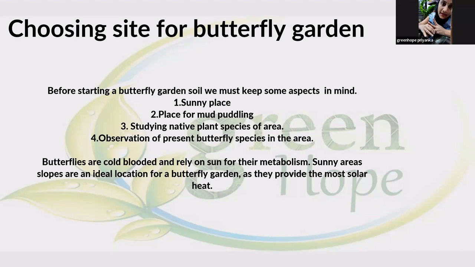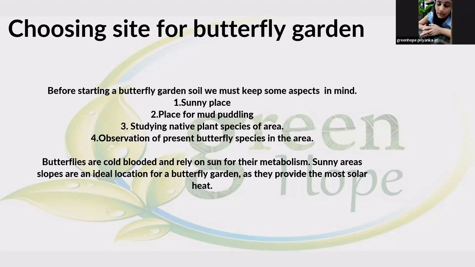Now, observation of present butterflies in the area. Before making the butterfly garden, you must make a list of the butterflies you see every day. Go for 30 minutes, around 7 to 10 a.m. It is an ideal time to see butterflies, because they bask in the sunlight and then go to the flowers for nectar.